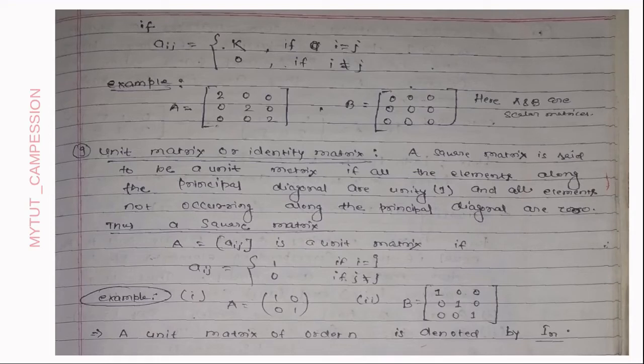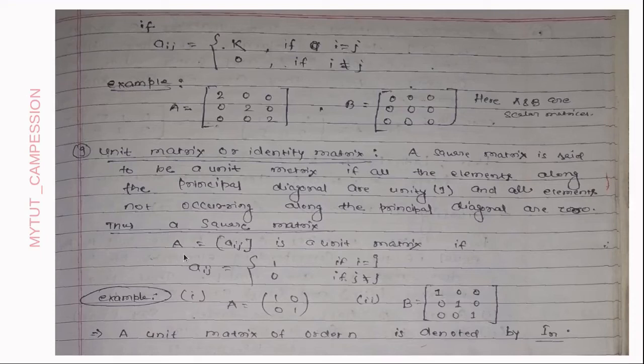That means when all principal diagonal elements are equal to 1 and the other elements are equal to 0, then we can say this matrix is known as a unit matrix.